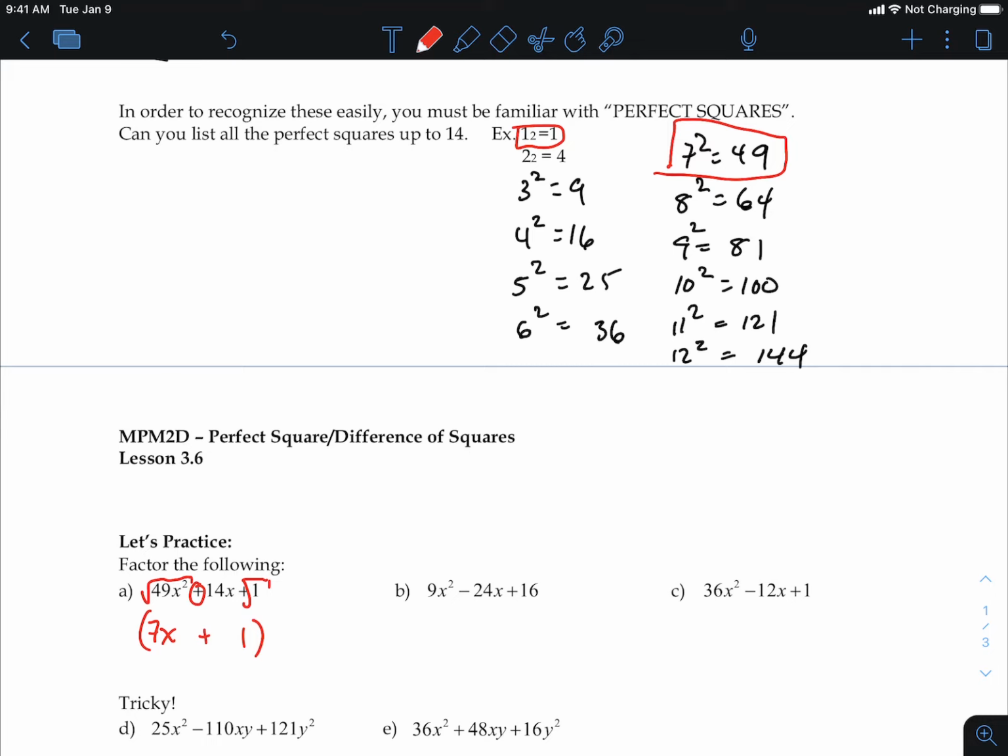Anytime we factor something, how many factors did we get? When we were dealing with quadratics anyway, how many pairs of brackets did I always have to write? 2. So what's in the other half? Same thing. These are easy ones.